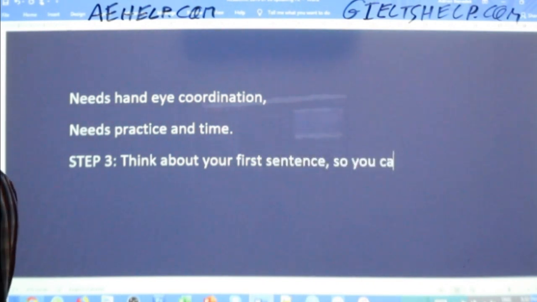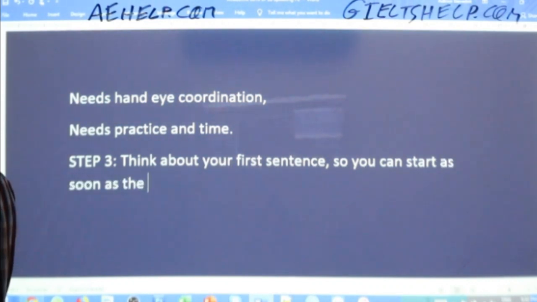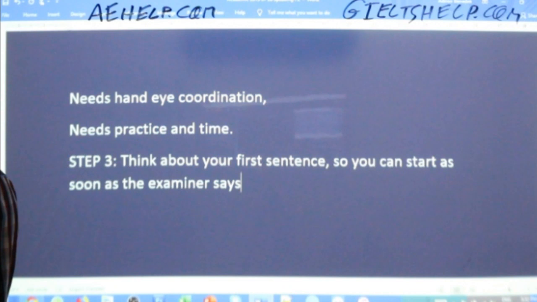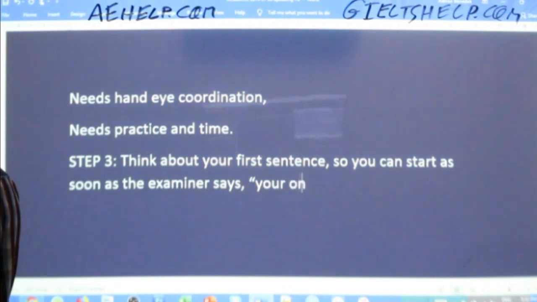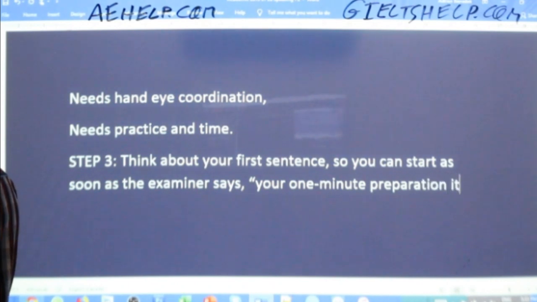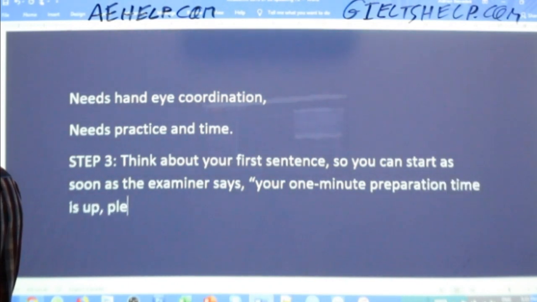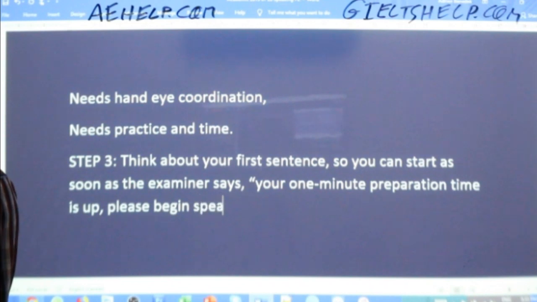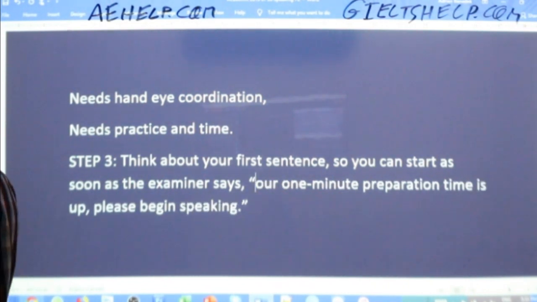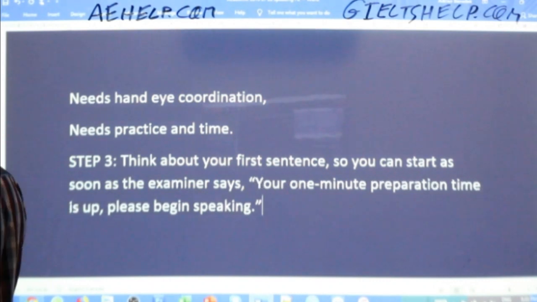So you can start as soon as the examiner says your 1 minute preparation time is up. Please begin speaking. Okay? So as soon as the examiner says that, you have to be ready to go.